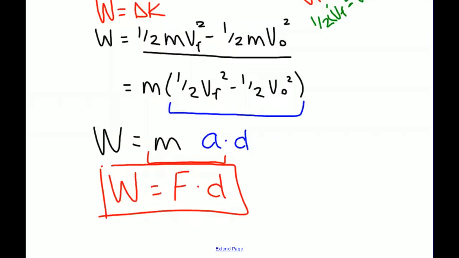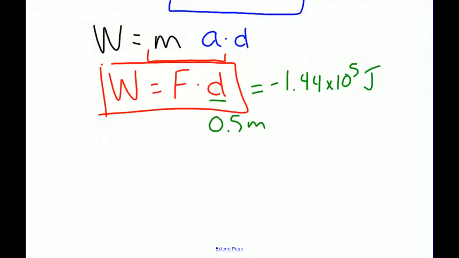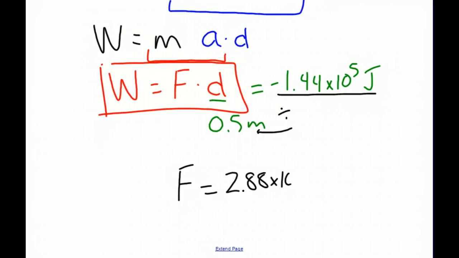And so we know that the work in this case is negative 1.44 times 10 to the 5th joules, and we know that our distance is 50 centimeters, which is 0.5 meters. The result is that our force is equal to negative 1.44 times 10 to the 5th divided by 0.5 meters, which is 2.88 times 10 to the 5th Newtons, not joules.